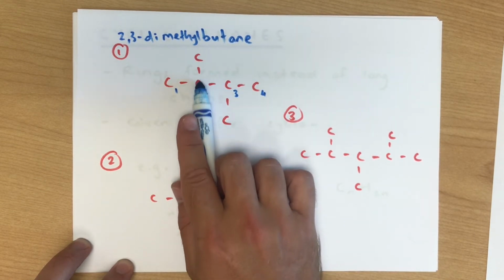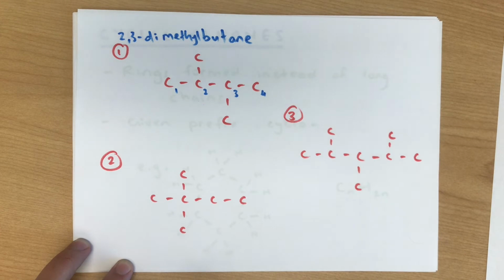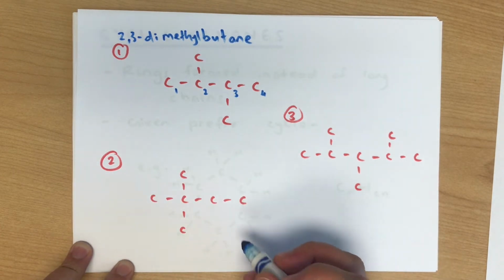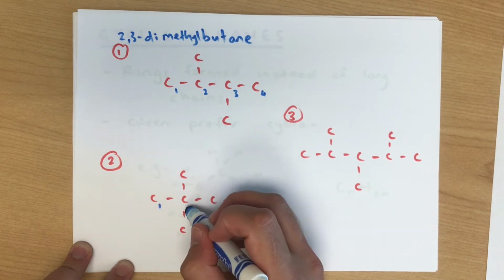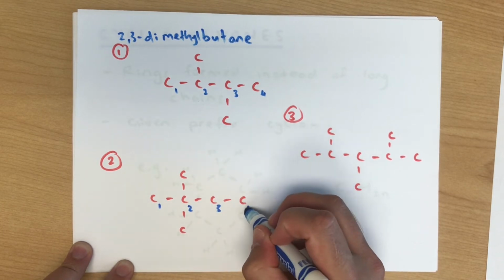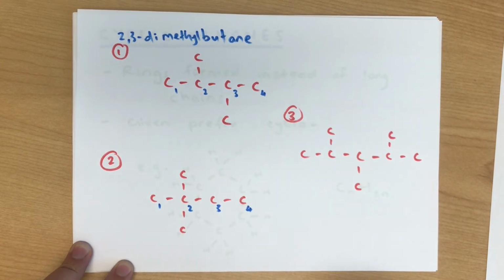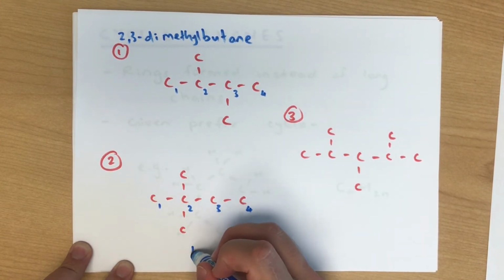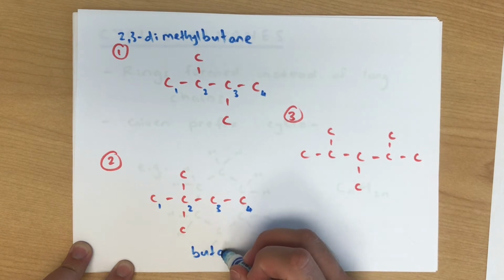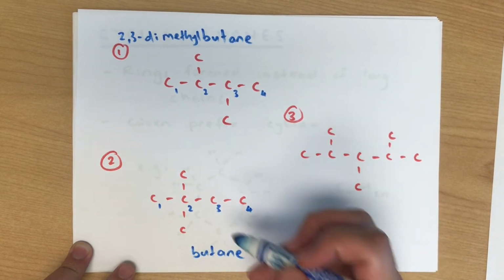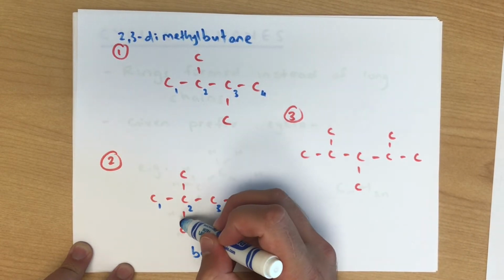It could be 2, 2 dimethyl butane, which, in fact, let's have a look here. Longest carbon chain, 1, 2, 3, 4. Again, you could start numbering here or here, doesn't matter. 4 carbons is bute, it's an alkane, so it's butane. And we've got here 2 methyl groups, 1, 2.